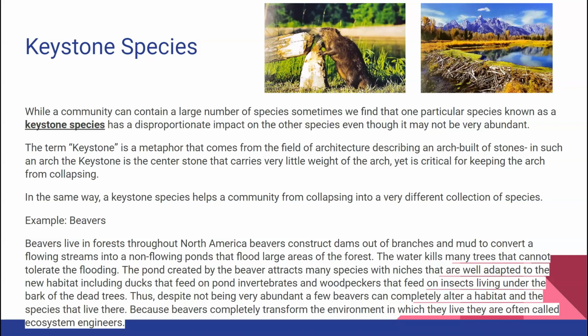Because beavers completely transform the environment in which they live, they are often called ecosystem engineers as well. So keystone, think of the field of architecture, and the keystone of the arch is that top stone in the arch that keeps the structural integrity of that arch.